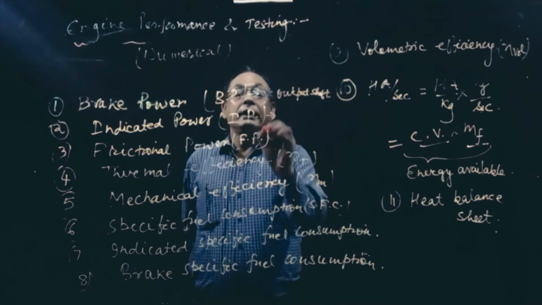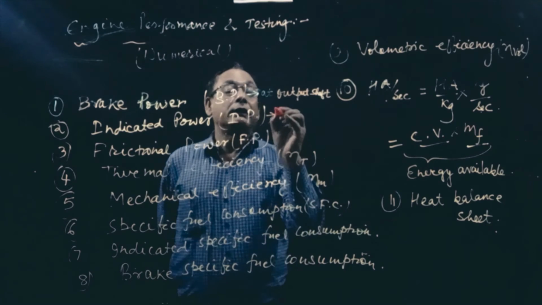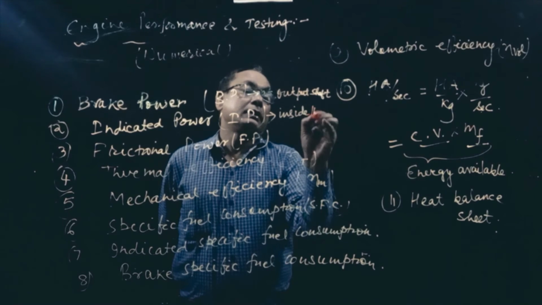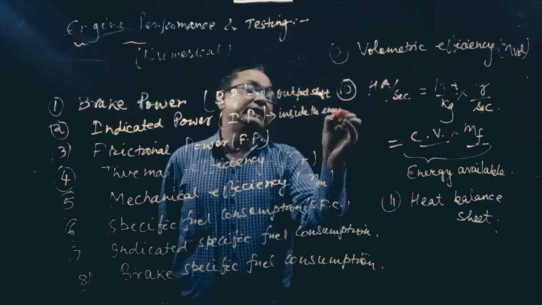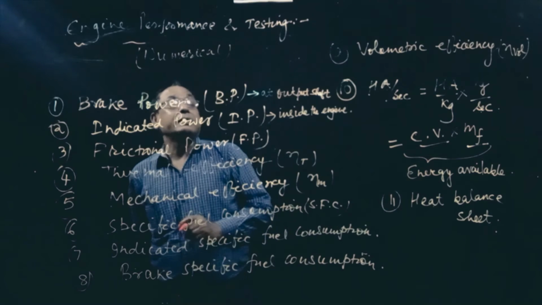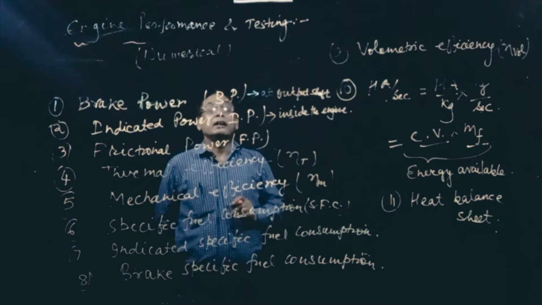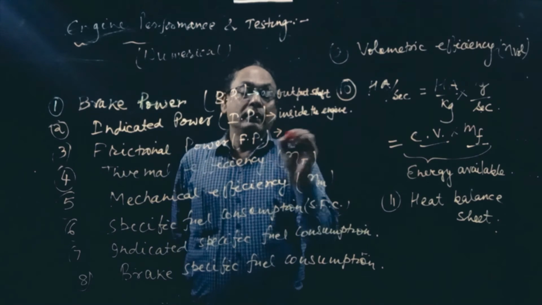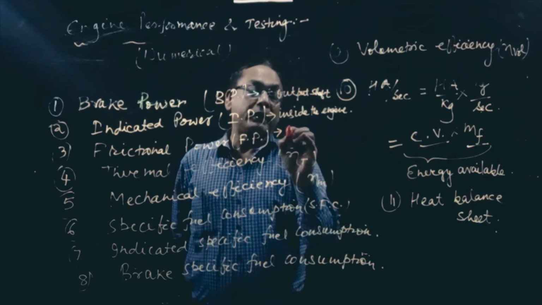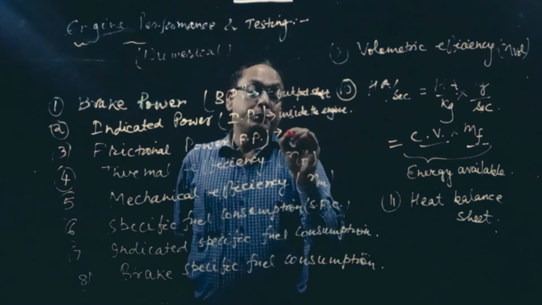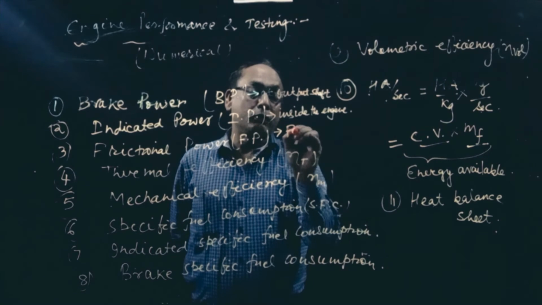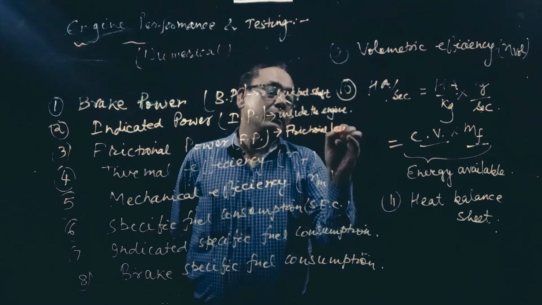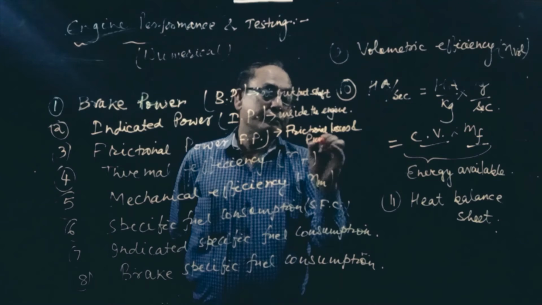Now indicated power: how much the engine is developing inside the cylinder, that is called indicated power. Frictional power is actually frictional losses and pumping losses.